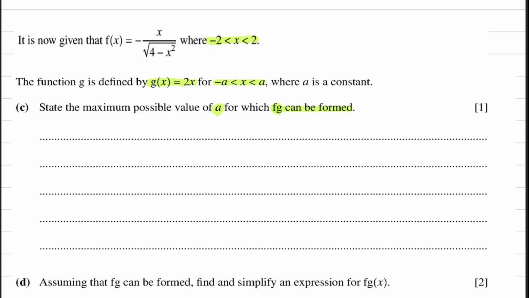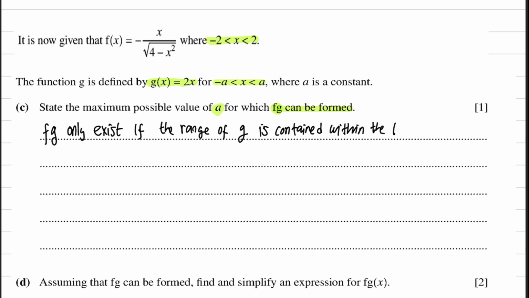if we recall, there is a condition for fg to exist: the range of the first function, in this case g, must be contained within the domain of the second function, which is f.